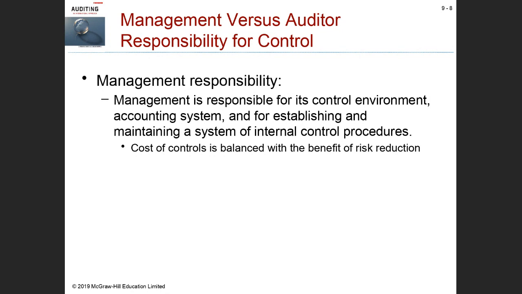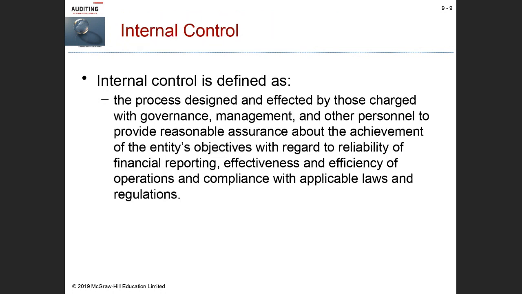And when we say benefit achieved, we're talking about the reduction of risk. If an internal control does not significantly reduce risk, maybe we should find a different internal control. So management is doing a cost-benefit analysis as they decide which internal controls to put in place, because some internal controls could be better than others.